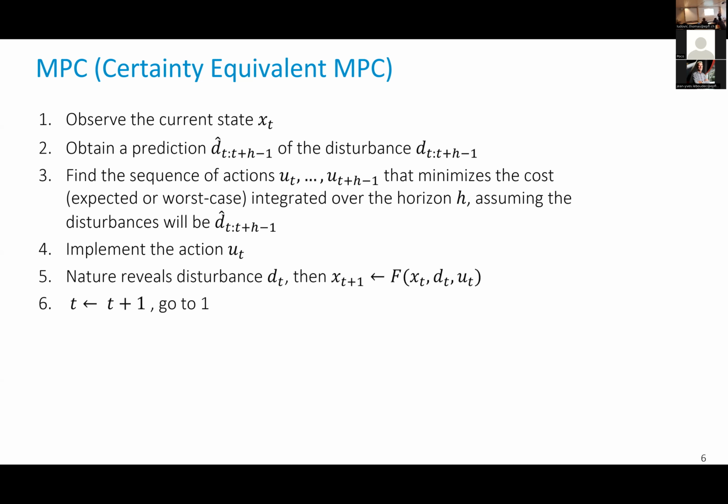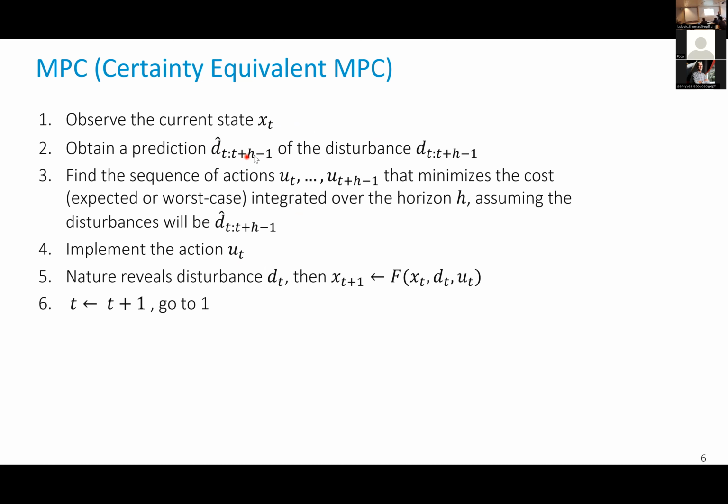MPC requires solving an optimization problem at every time step. So it requires a Raspberry Pi or a National Instruments box or whatever. It requires a full-fledged computer to be involved in the loop. That's the price to pay. So we observe every minute the state, and then we do all this exercise. We must have a prediction of the disturbance.